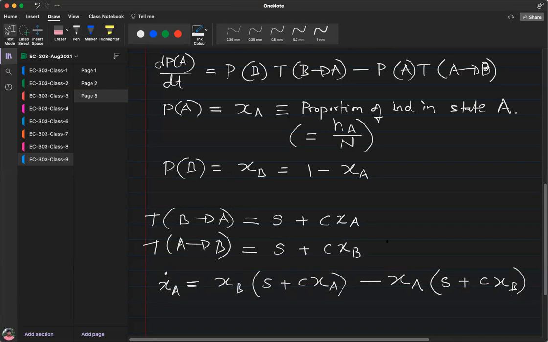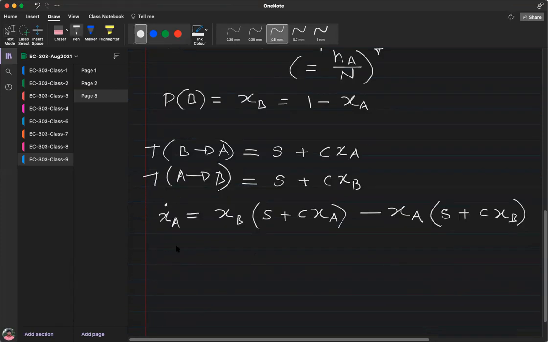Is that fine? So what we have is XA dot equals S times XB minus S times XA. What happened to the two terms C XA XB and C XB XA? They just got cancelled. Therefore XA dot is nothing but S XB minus S XA.